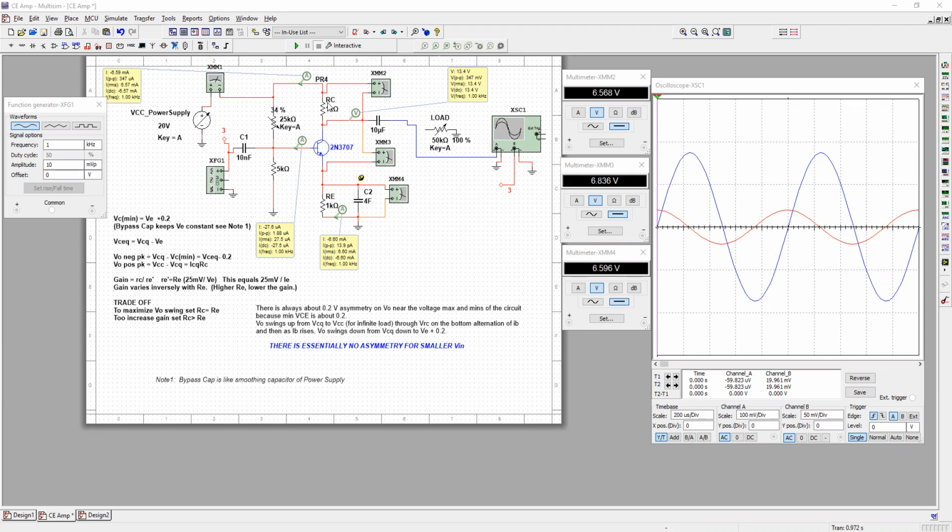That increases IB and the collector current, stabilizing it. So this is our preferred configuration. It gives us the greatest stability in the DC mode. In the next video, we'll look at the AC operation.